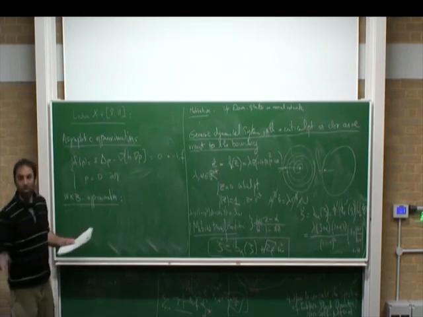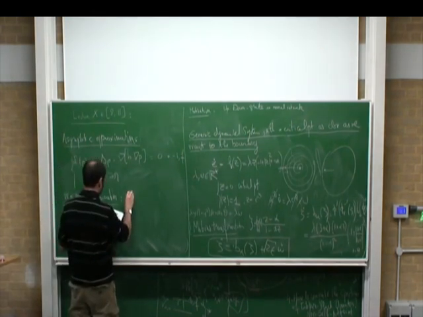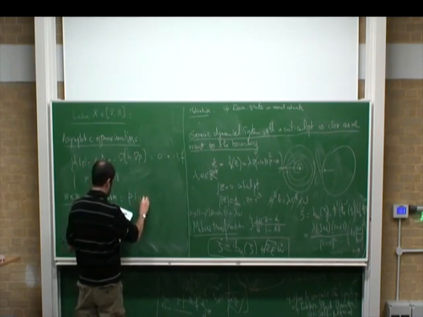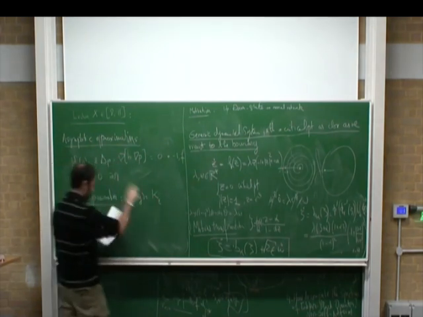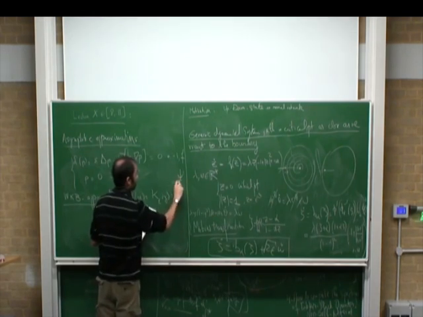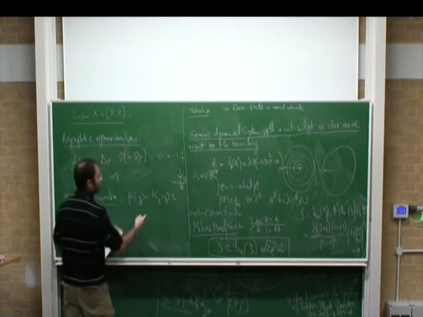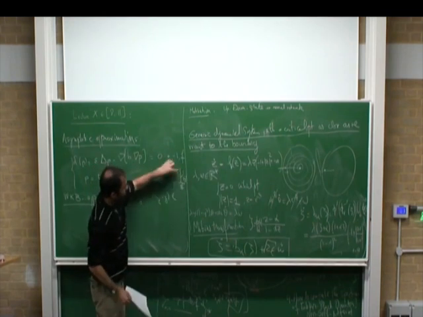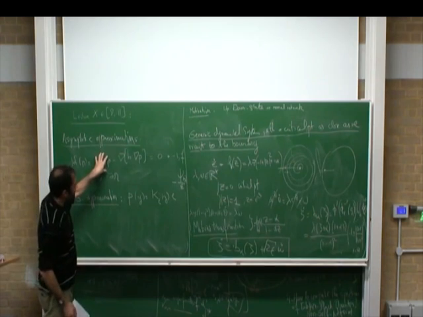It is well known in quantum mechanics, and it is to look for a solution of the type P of y equals K epsilon, the same epsilon that is here, multiplied by exponential of minus psi of y divided by epsilon. So the idea is to split the solution into something which is exponentially small to account for this term here.